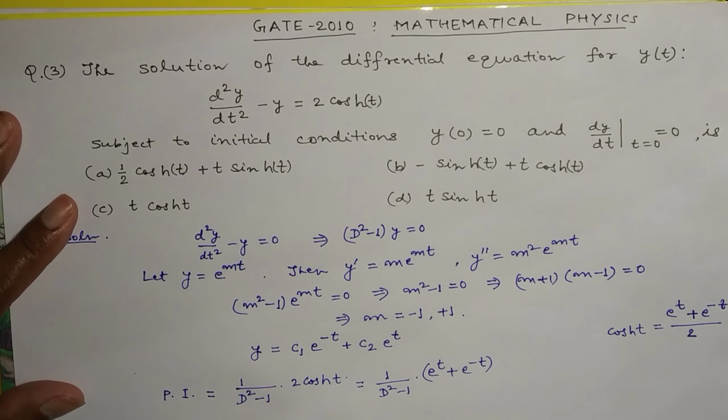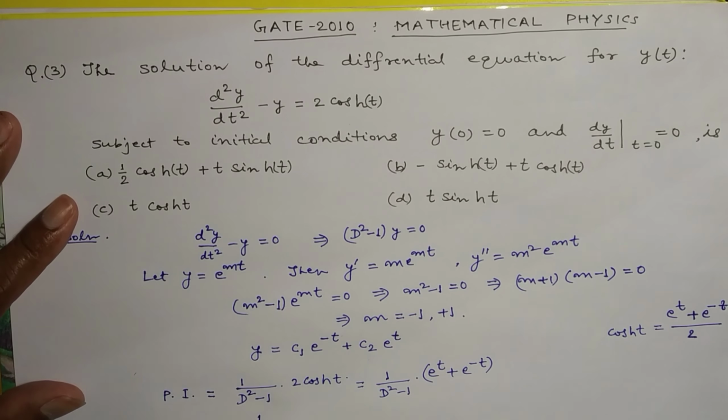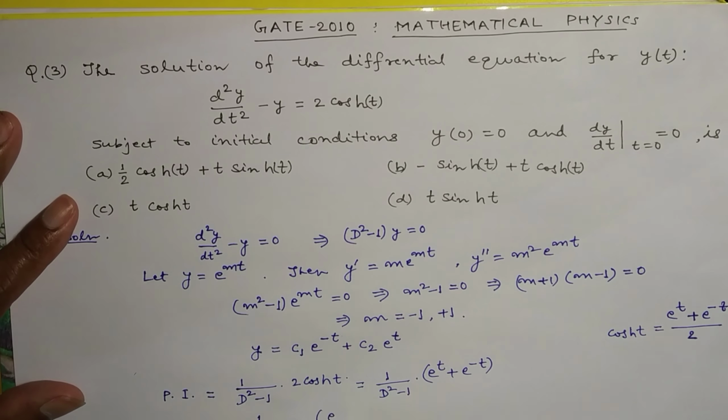Now to solve it, 1 upon D² minus 1 may be written as 1 upon (D plus 1)(D minus 1), just like we do in algebra. And here it is e raised to t plus e raised to minus t.